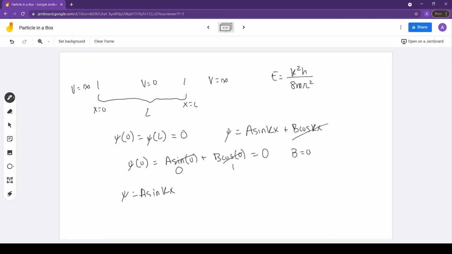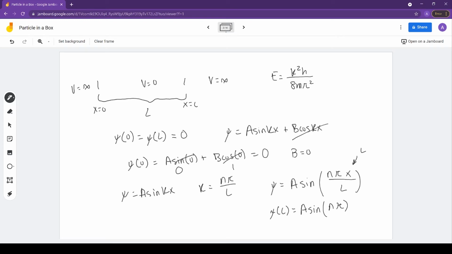So how can we get that psi of L now also equals 0? What we can do is take k as equal to n pi divided by L, and I'll show you why this works. Let's plug this in and look at the boundary conditions. Psi equals a sine n pi x over L. If we take psi of L, our x becomes an L, the L over L cancels, and this just becomes a sine n pi.